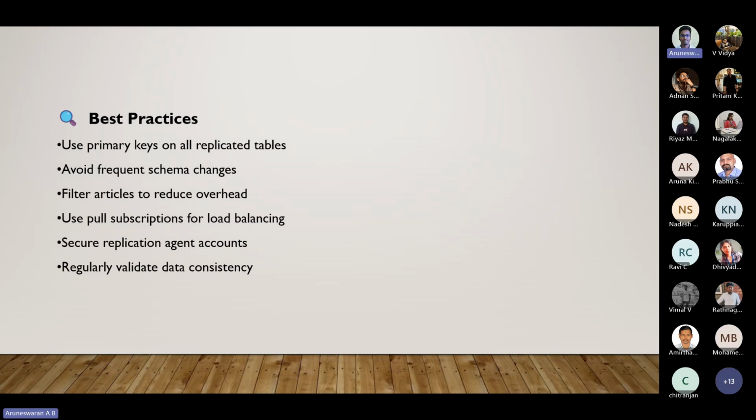This is the major criterion for replicating a table. If I have the primary key, I can replicate the table from publisher to subscriber. Also avoid frequent schema changes, meaning small changes like DDL statements, we need to avoid that.